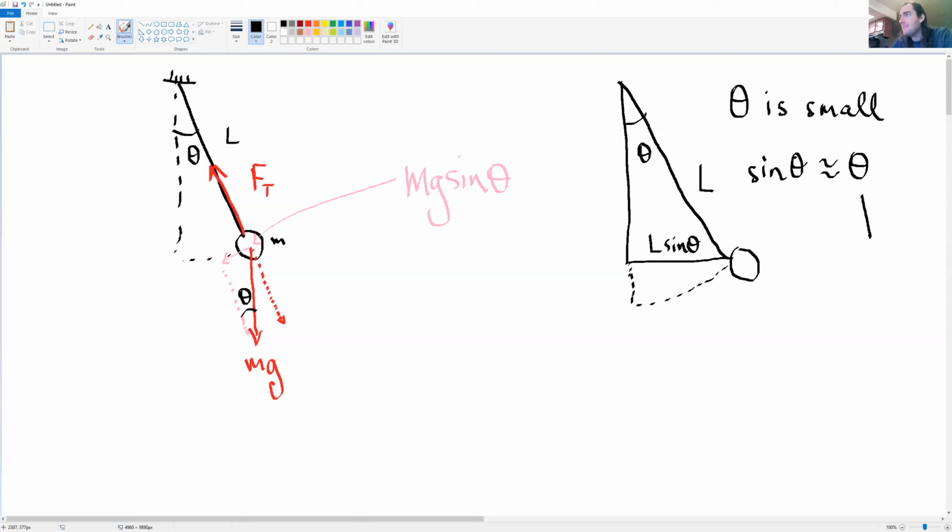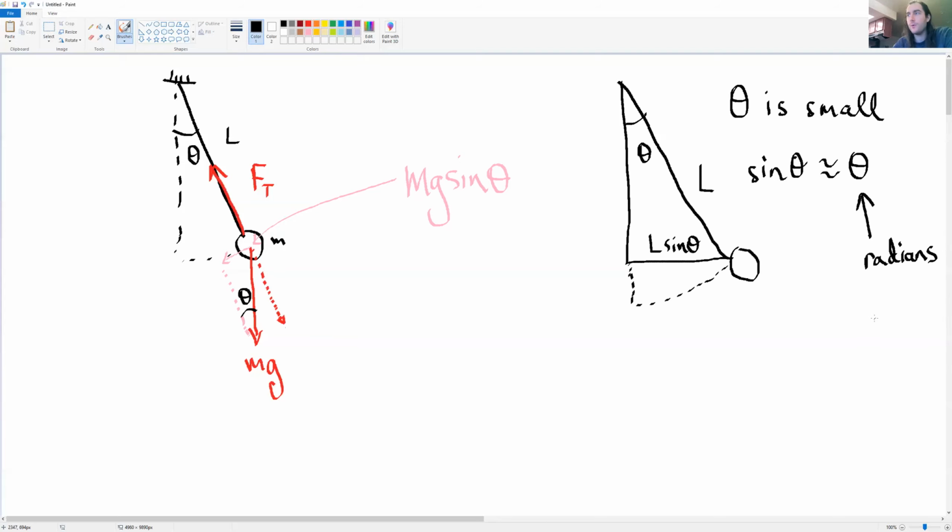Theta has to be measured in radians for this to be true. And you can really show this is true with some calculus, but here we kind of have to lean on a calculator a little bit and plug and chug some numbers to see that this is true.